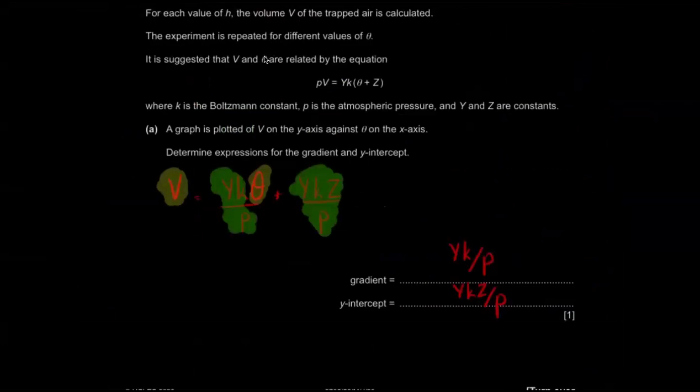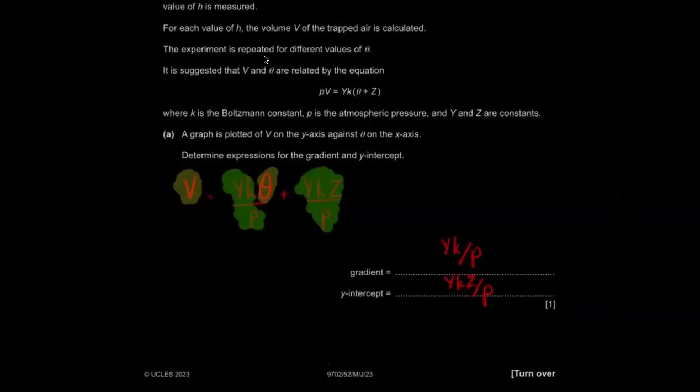I made it the subject from this equation because theta is what the examiner was asking of me, right? If it was asking me for P given everything else, I would make P the subject, right? So I wouldn't have to memorize it. You have to memorize nothing in P5, especially in question number 2, except for rules regarding how you make the table and whatnot. Otherwise, this is how it goes.